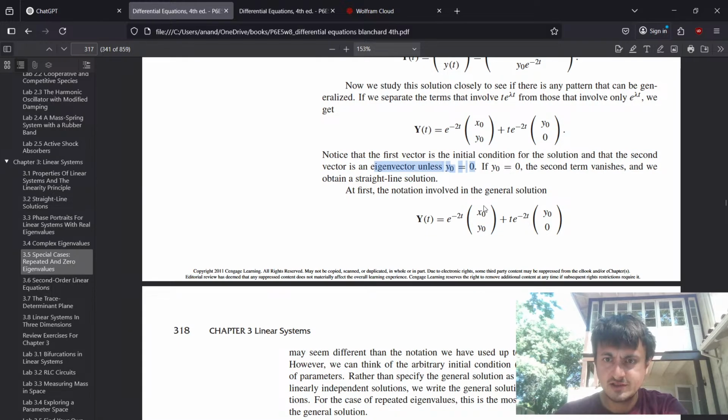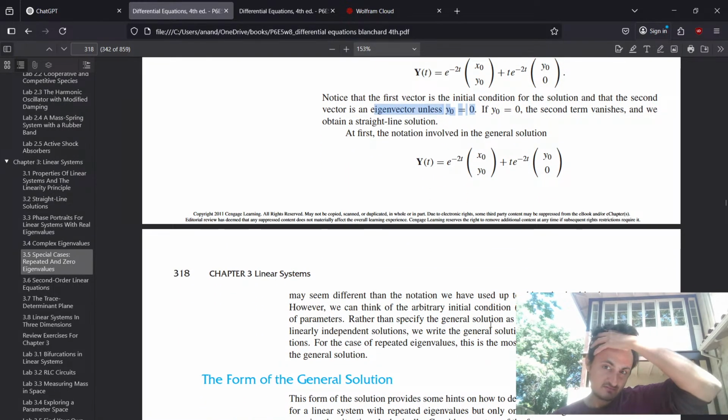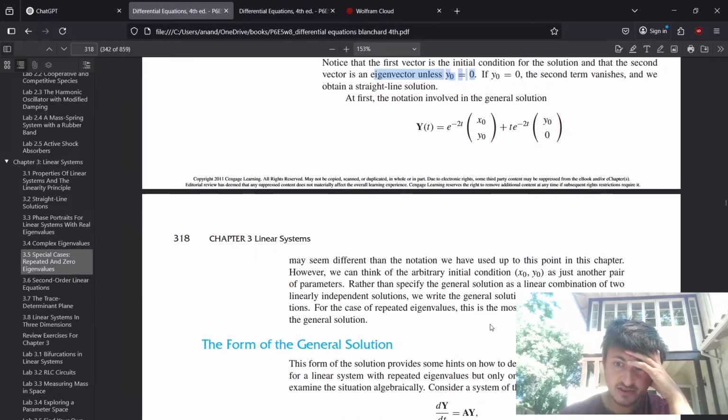At first, the notation involved in the general solution may seem different than the notation we've used up to this point. However, we can think of the arbitrary initial condition as another pair of parameters. Rather than specify the general solution as a linear combination of two linearly independent solutions, we write the general solution in terms of the initial conditions.